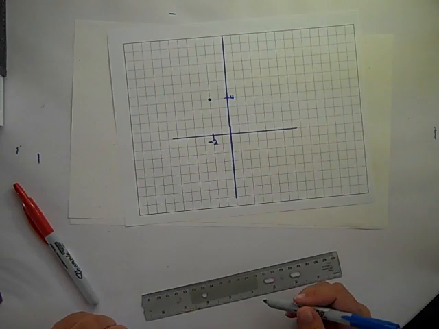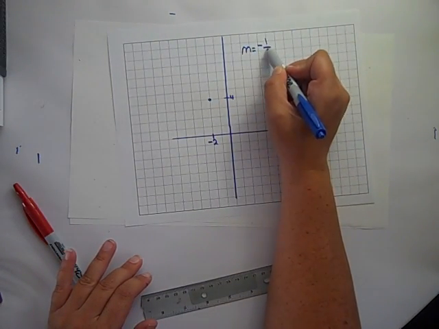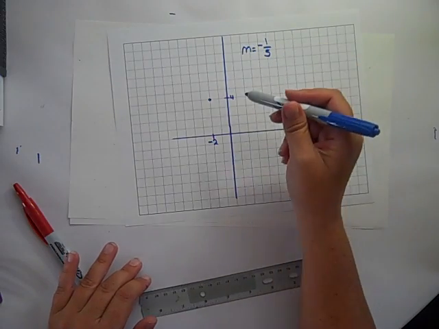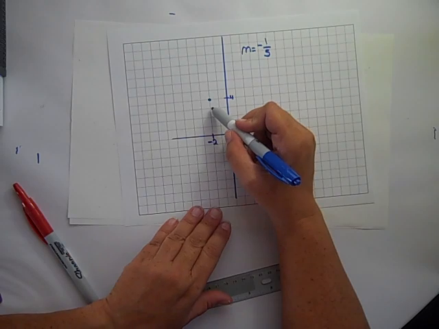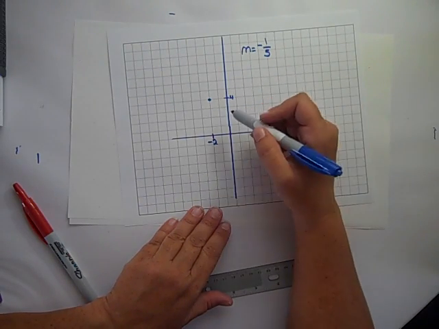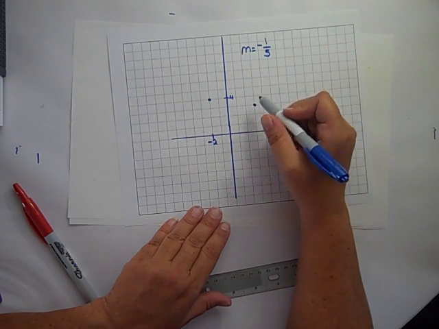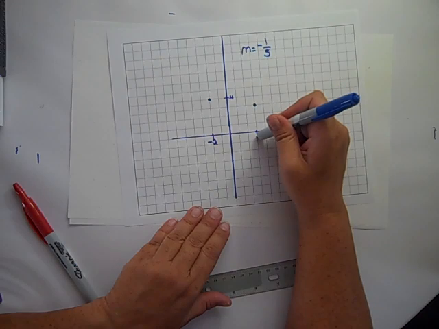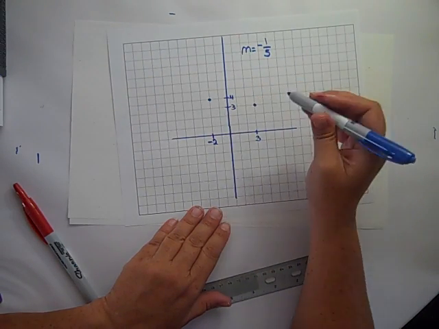Since we have m equals -1/5, that means we want y to go down 1. So we're going to go down 1. And we're always going left to right with the x. So y is going down 1, but x is still always going towards the right. 1, 2, 3, 4, 5. So that's going to be 3.